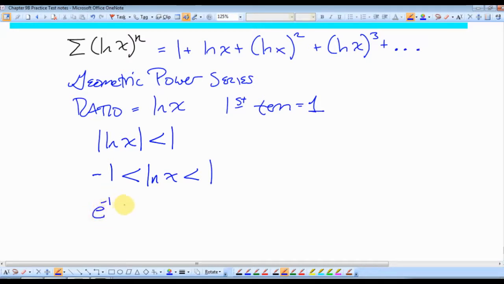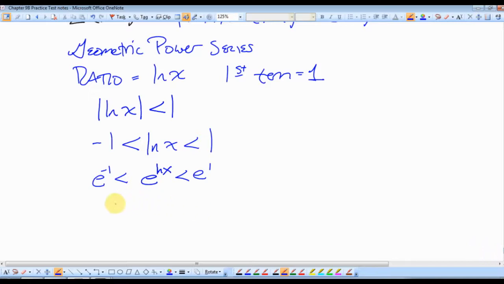E to the negative 1 should be less than x, should be less than e to the first power. And that tells you that x should be between 1 over e and e. So somewhere between 1/3 and 2.7.